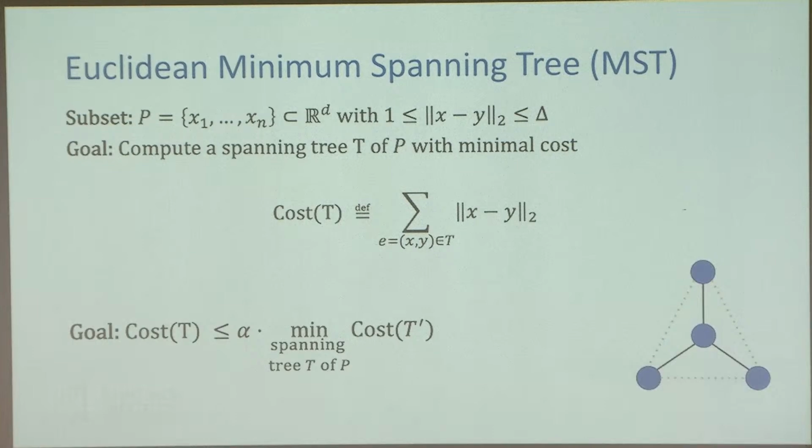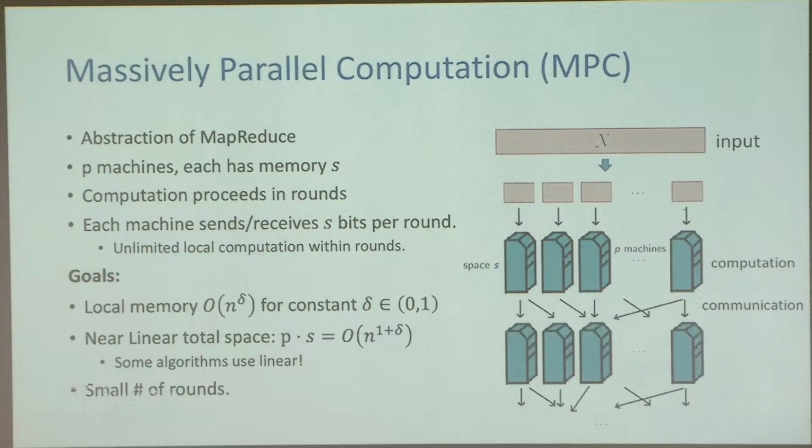The edge weight between two points is just their Euclidean distance. We want to find the spanning tree of this complete graph such that the total edge weight is the minimum. In the approximate Euclidean minimum spanning tree problem, we want to find a spanning tree whose cost is at most alpha times the minimum spanning tree cost. This alpha is the approximation factor that we want to achieve.